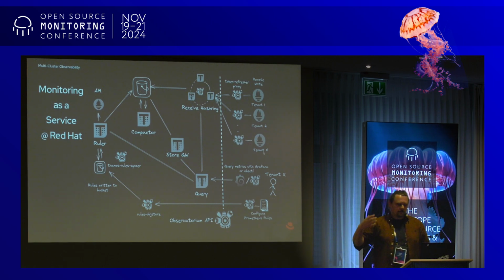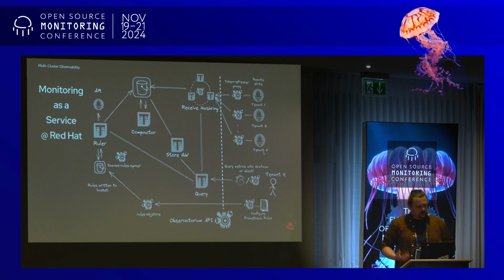And we give them access to this thing we call monitoring as a service. So they choose to send their metrics to that central place, and they additionally get the opportunity to query the metrics as well, and also configure their own Prometheus rules through the Observatorium API. So they get a Grafana where they can look at their data for their servers, and they can do alerting there.